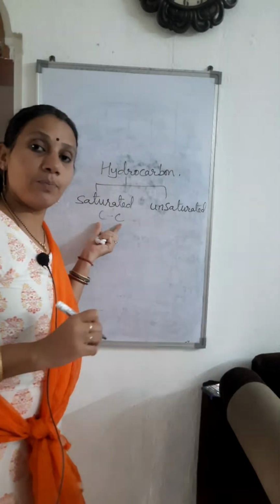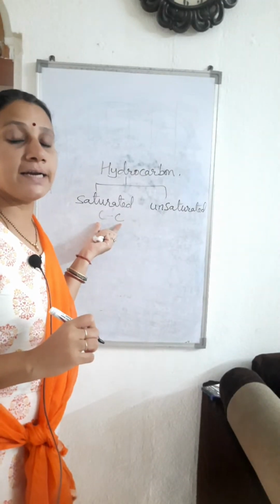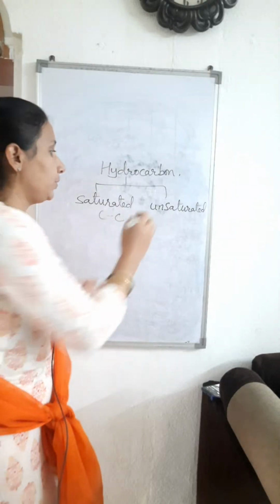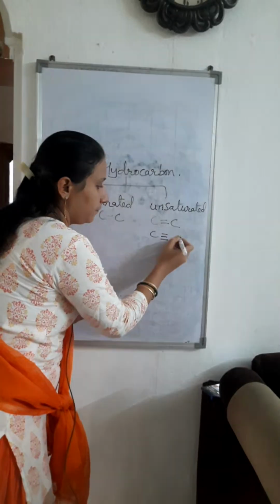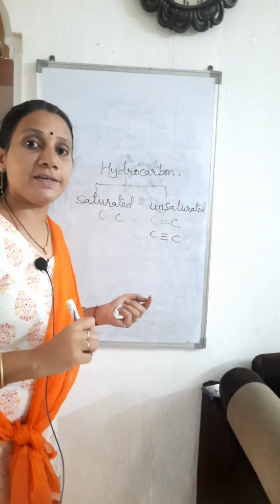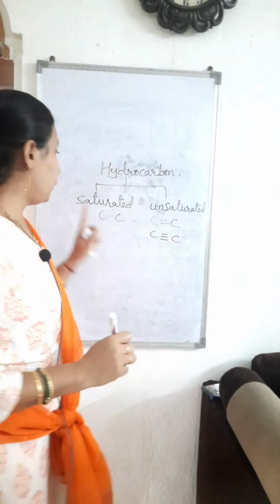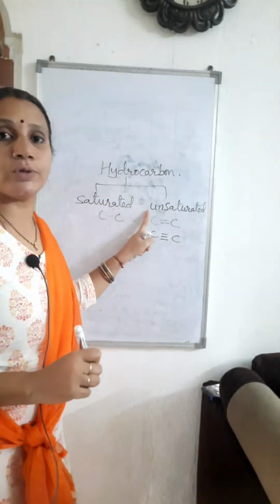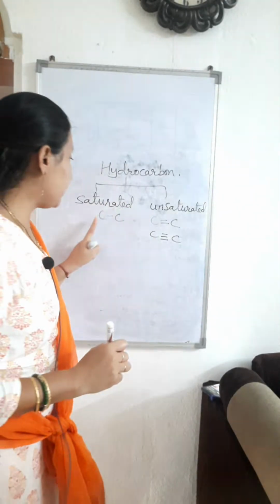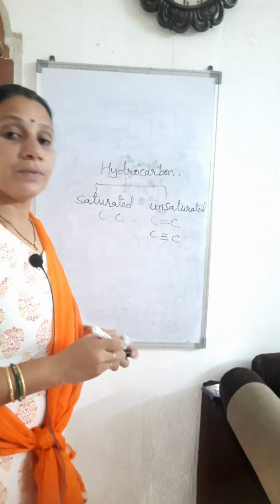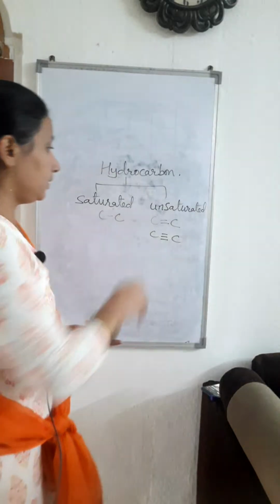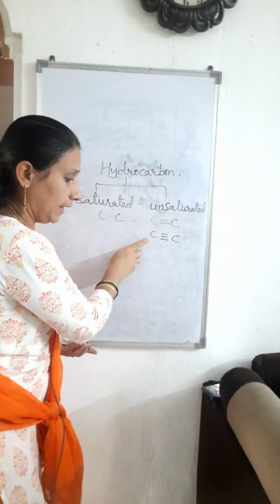If there is a double bond or triple bond, we call it unsaturated. This is the next important point: what are saturated and unsaturated hydrocarbons? A single bond between carbon and carbon is saturated hydrocarbon; a double or triple bond is unsaturated hydrocarbon.